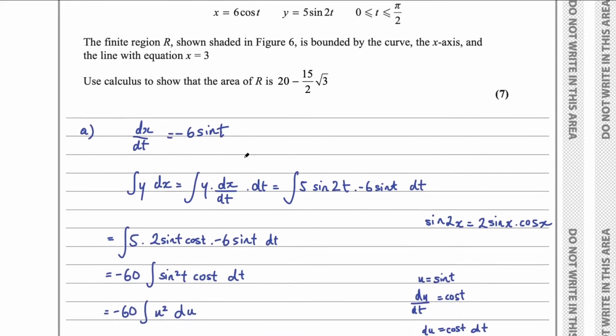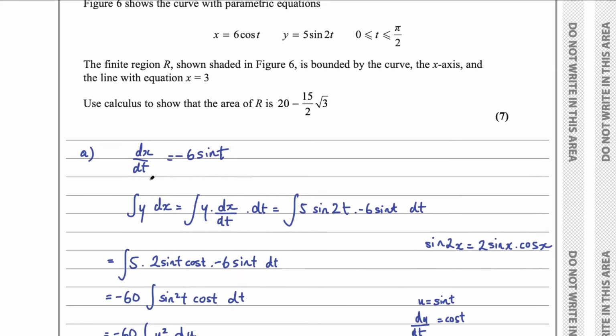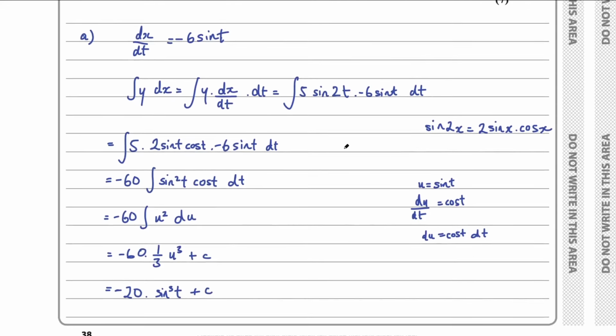A quick rundown again of the steps. Firstly, we wanted to relate those integrals. So we had to relate the integral of y with the derivative of x to get the integral of y dx. Then we had to use a u substitution. Quite a difficult u substitution in my opinion, because you had a lot of options there. You could do sine squared or cosine or sine, and you had to use u equal to sine t, mainly because the derivative is a lot simpler than sine squared.